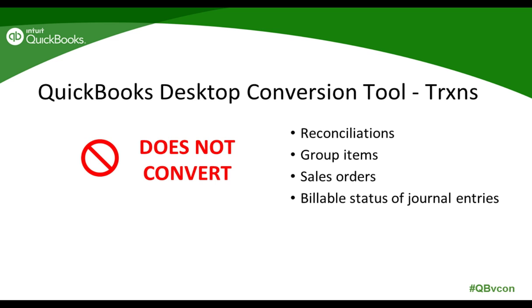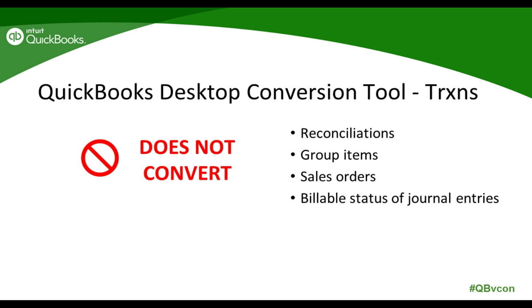However, the R reconciled status, as we said on the slide previously, does convert. So when you first move over to QuickBooks Online, everything that's been reconciled in the history of that database will be marked R reconciled, and you can do a quick setup one-time reconciliation, and we'll look at that in a minute. Group items, sales orders.